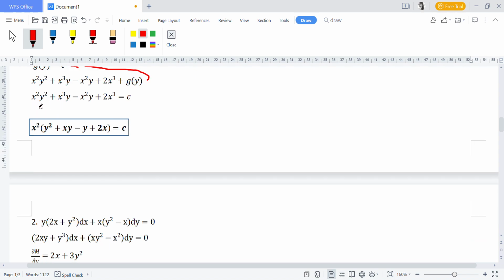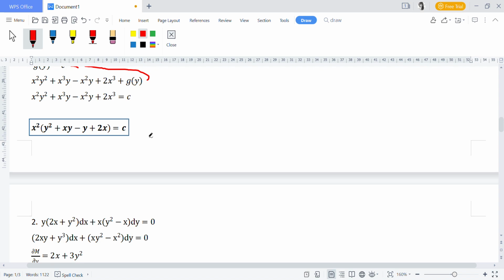Since this equation can be further simplified, we're going to simplify this. So our final answer will be x squared times y squared plus xy minus y plus 2x is equal to c. So that is the final answer for our example number 1.